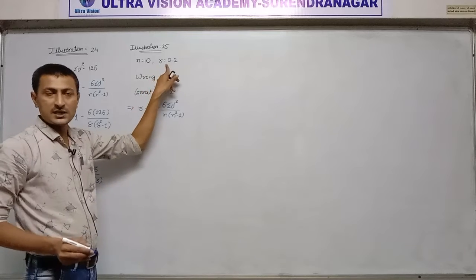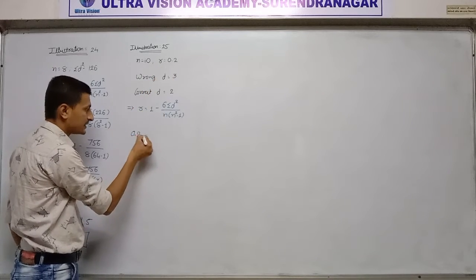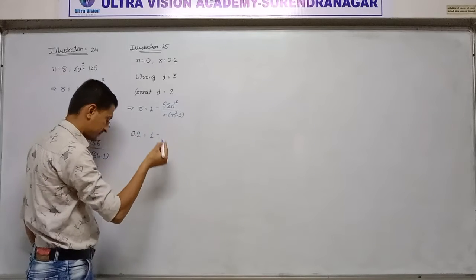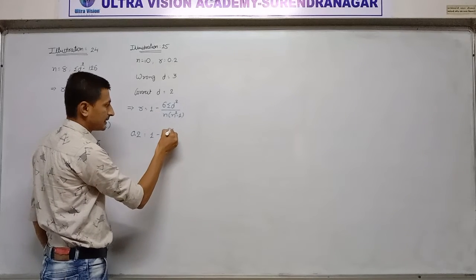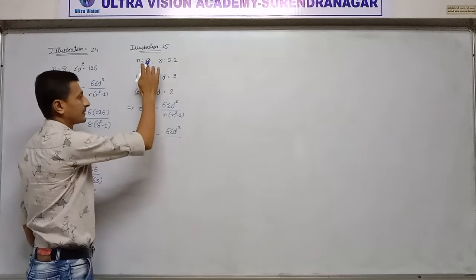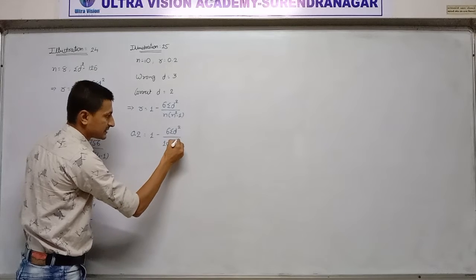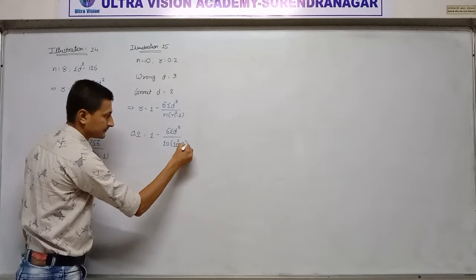The value of r is given as 0.2. So 0.2 is equal to 1 minus 6 into sigma d square, which is not given, n is 10, so 10 in bracket n square minus 1.